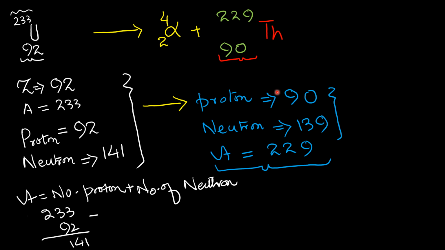Now dear student, let us consider some other examples of alpha particle decay. Consider a problem for alpha particle decay where on the right side we have a new element.